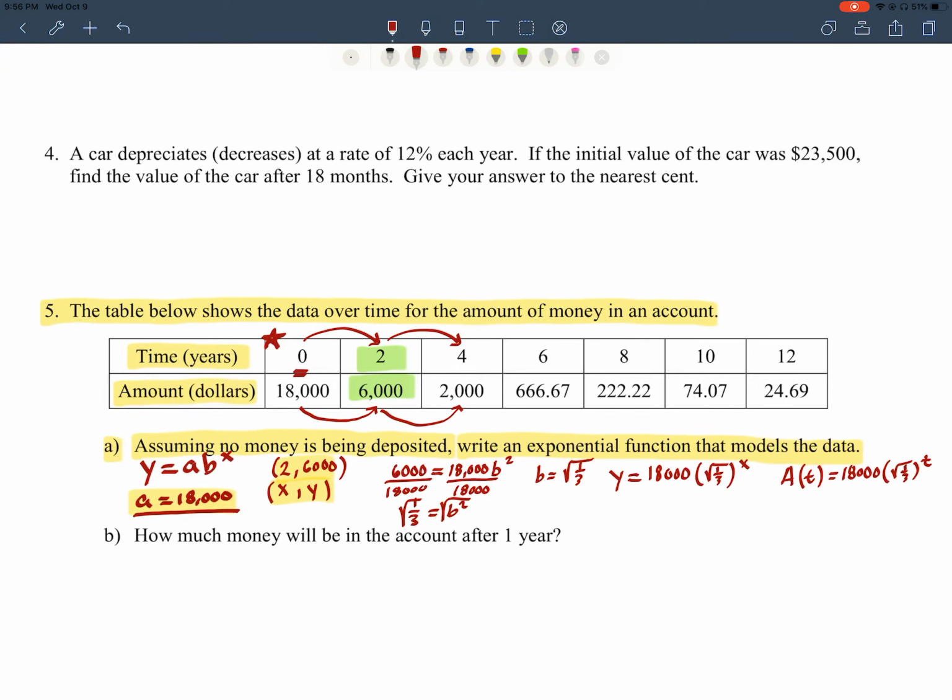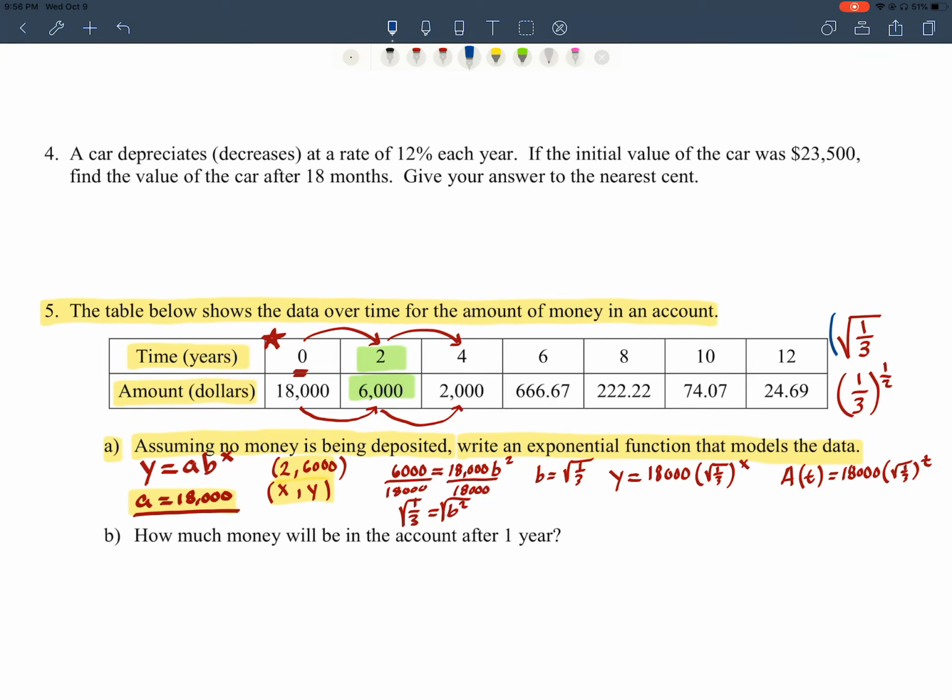If we think about it, the square root of 1/3 we could rewrite as 1/3 raised to the 1/2 power, right? Something to the 1/2 power is the same thing as taking the square root.